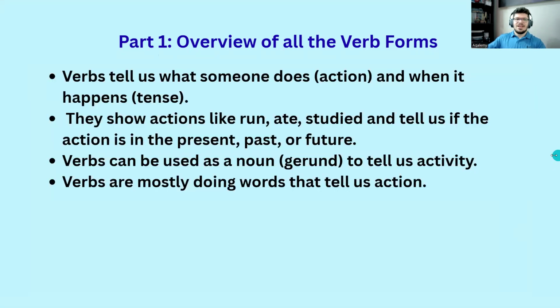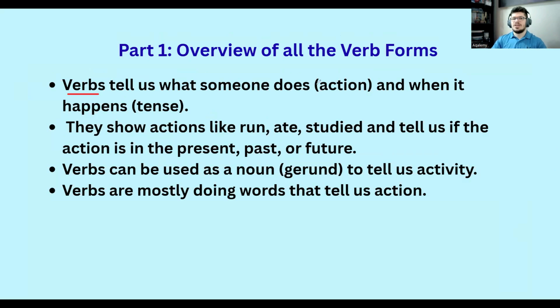Okay. Now let's look at some definition to understand what verbs tell us. And we have two situations. In most situation, when you are learning verbs, we understand action. This one we can do, but it also tells us the tense. Okay. When does this action happen?